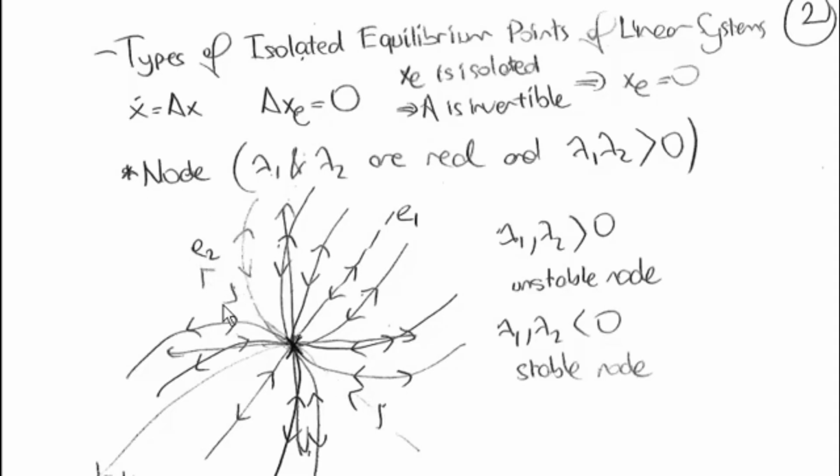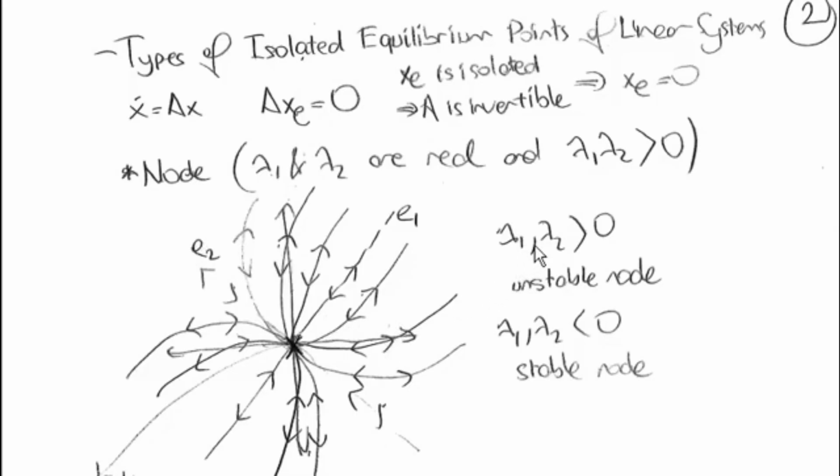The second one is not shown in a good way here, but there is a line here. On these eigenvectors, the state trajectories remain if they start on them, but everywhere else we have parabolic trajectories around the equilibrium point. Since this is a linear system, this behavior is a global behavior.